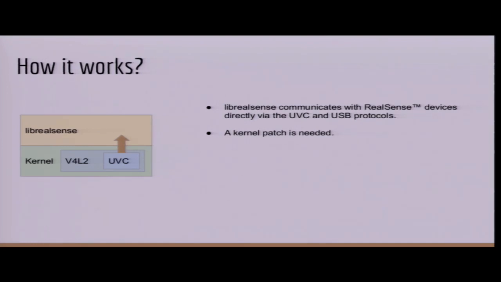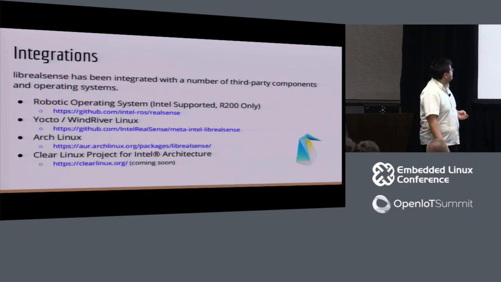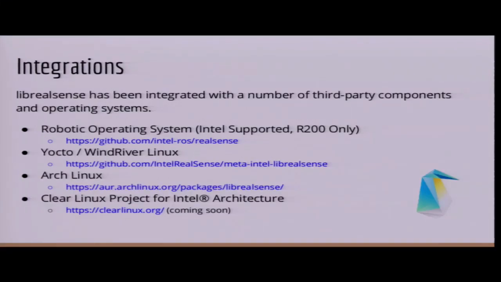It uses all the Video for Linux 2 libraries and the USB video class. This library is integrated with some systems like ROS, the Robot Operating System. It is integrated in Yocto and also in Arch Linux, and will be integrated in the Clear Linux project in the near future.